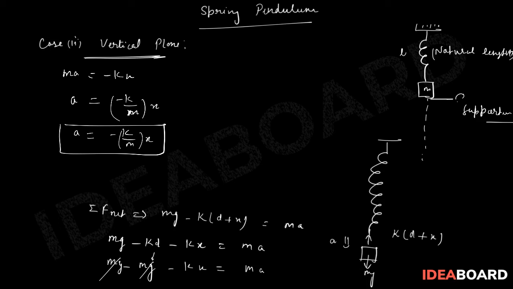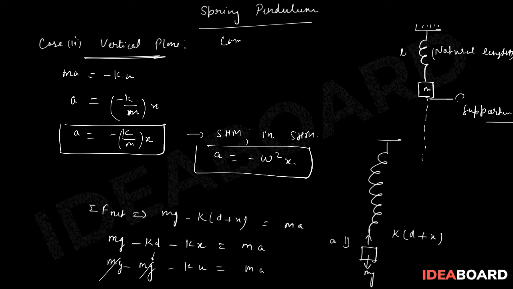That means it is executing SHM, and in SHM we know that acceleration is minus omega square into x. So we can compare the two values of a, which gives us minus k by m is equal to minus omega square.